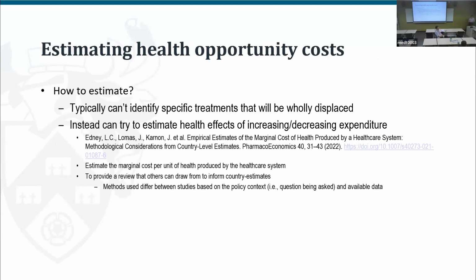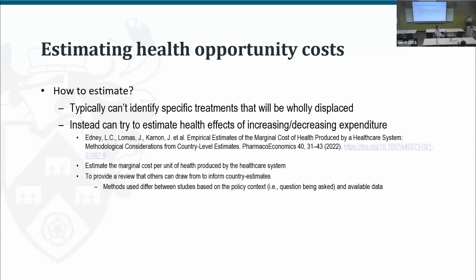So we can see why health opportunity costs are really important for informing decisions internationally and at the national level. And the big question is how to estimate them. I think there's some work being undertaken to estimate that here, and James is in the audience here.